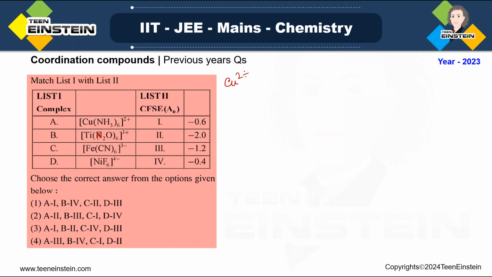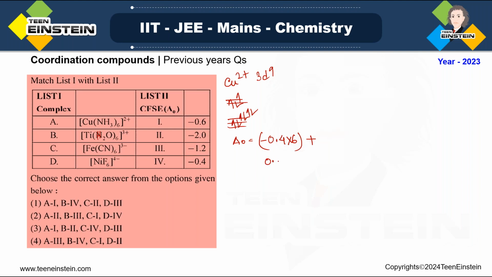Here the oxidation state of Cu is 2+ because amine is a neutral ligand, and when it is 2+, it is basically 3d9. And when it is 3d9, if you place all the electrons, you will see the CFSE value will be total 6, that means minus 0.4 into 6 plus total 3.